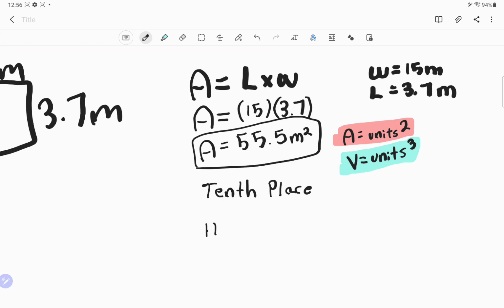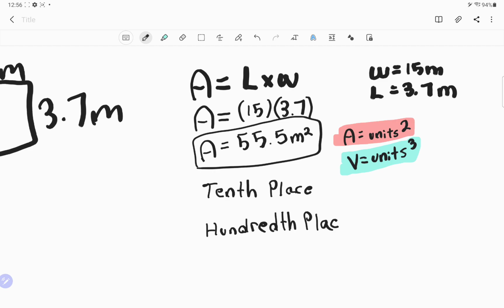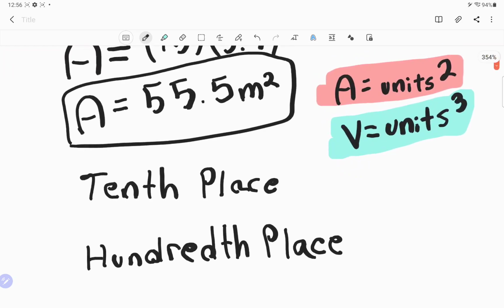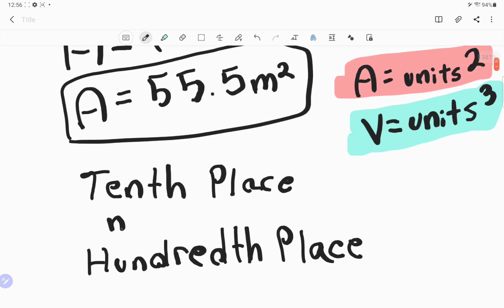Then I'm going to write 100th place. What the 10th place means is that you're going to have a number, then your decimal, and then you're going to round to the first decimal place. That's what 10th means. I'm going to highlight this in blue so you guys are able to see.